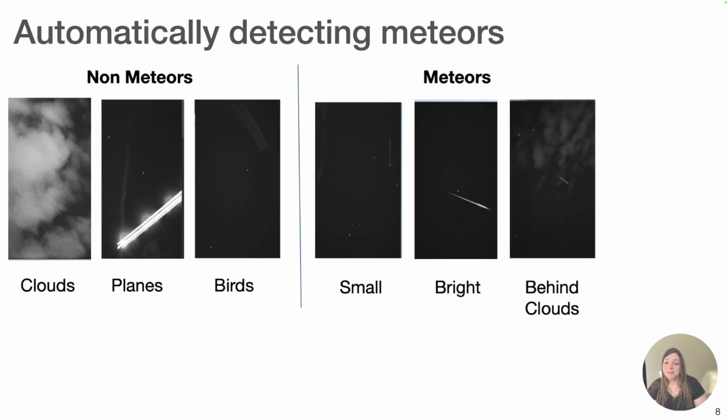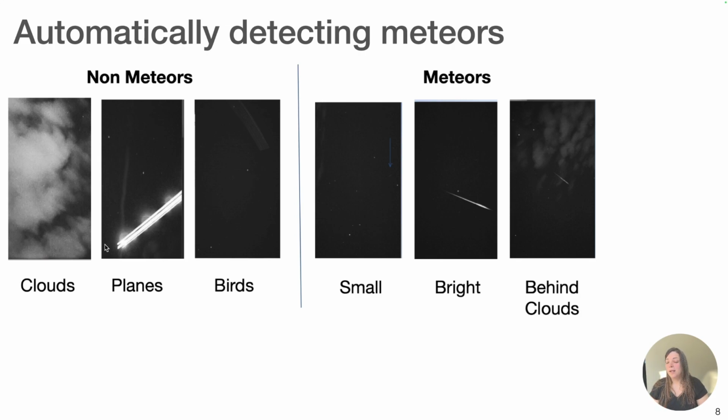So we built a convolutional neural network and an LSTM, which is a long short-term memory network, to automatically find whether there are meteors or not meteors in all this recorded data. This is what the meteors look like. They can be really small, really bright, behind clouds and so on. And there could be things that might look like meteors but are not.